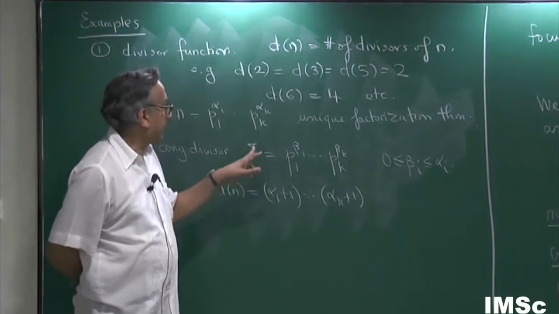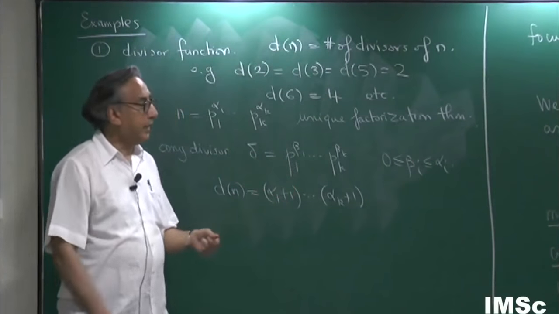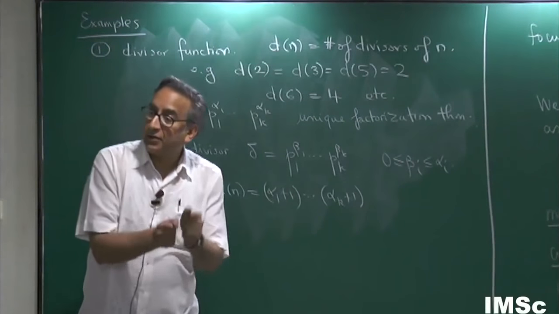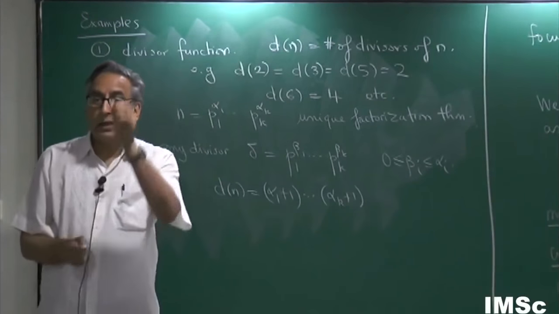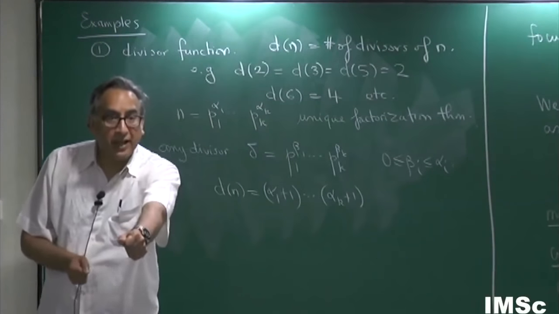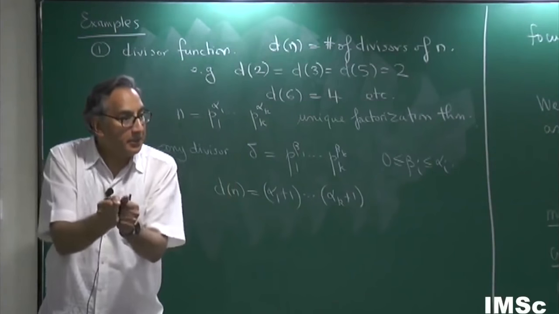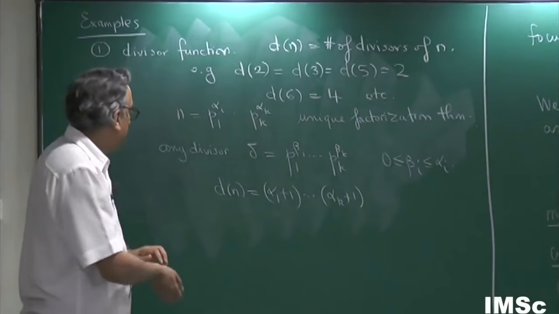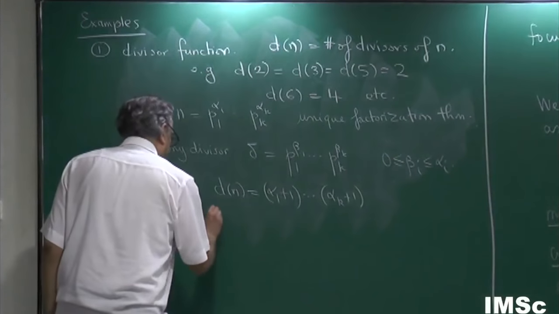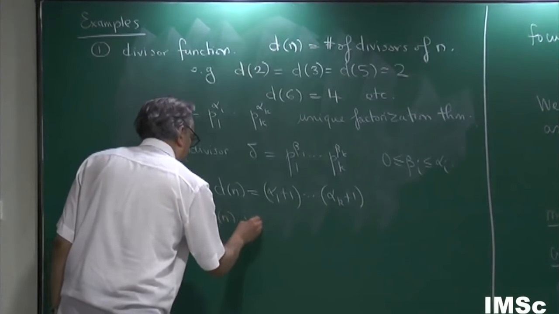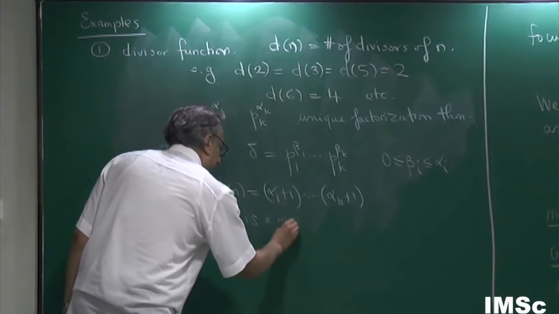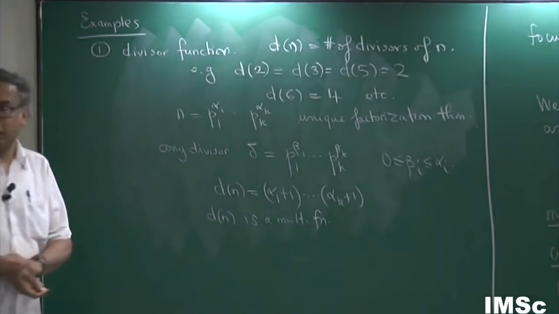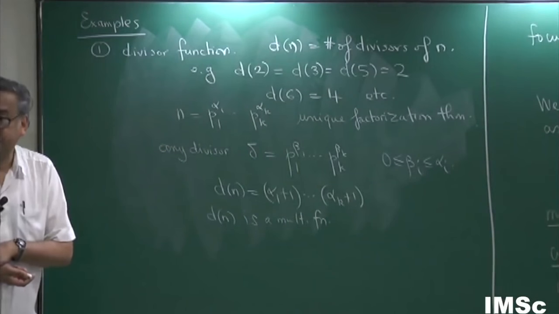It clearly depends only on the factorization, and if m and n are relatively prime, the divisors of m times n can be obtained by taking a divisor of m and a divisor of n and then clumping them together. They seem to be independent, right? Therefore, it's multiplicative. So d of n is a multiplicative function. Question: is it a completely multiplicative function?